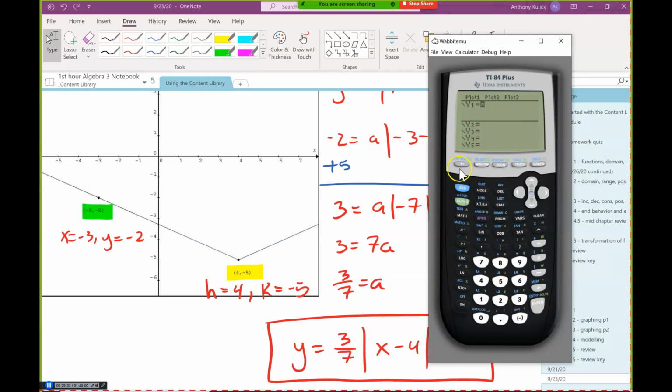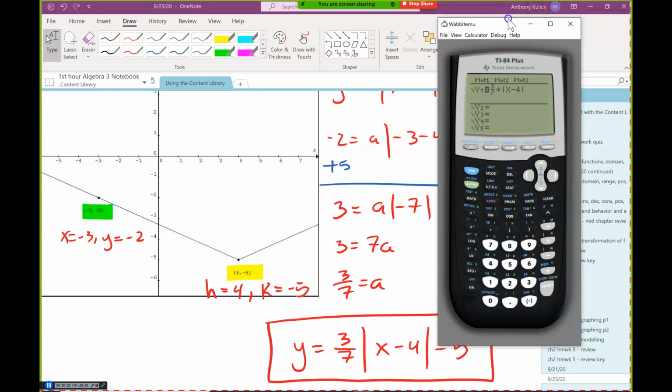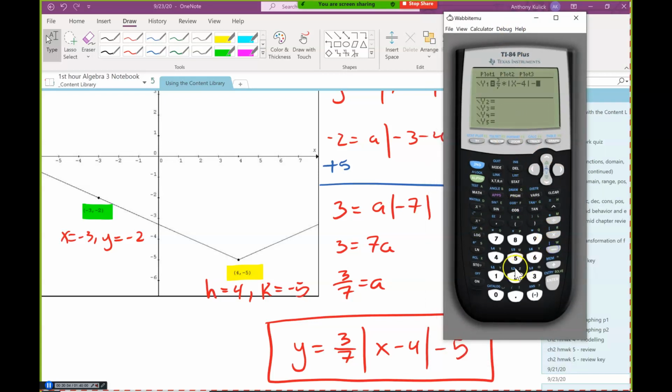And then I'll do alpha y equals, and then choose that fraction command to put in the 3/7. And then I'll do times. And then to get the absolute value on my calculator, I press the math button, go over to the number menu, and choose the ABS command, and that puts the little absolute value bars in there. So I can do my x minus 4, and then I'll move that over, and I'll type in my minus 5.